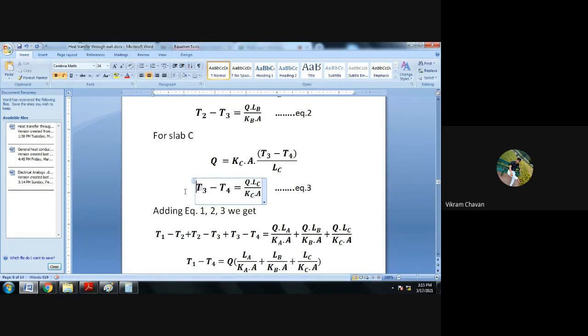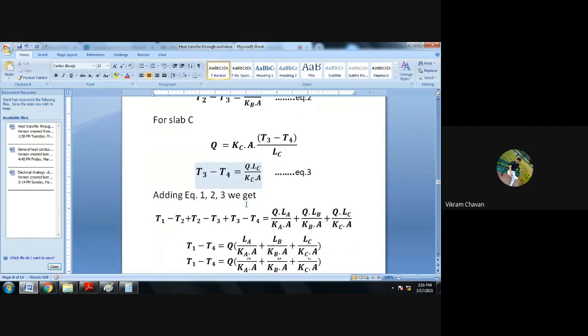So the equation becomes T3 minus T4 is equal to Q multiply by L suffix C, whole divided by K suffix C multiply by area. This is our equation number 3.